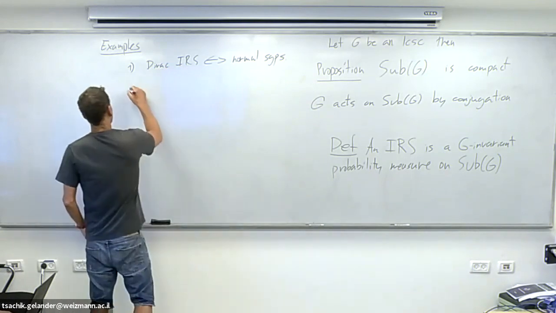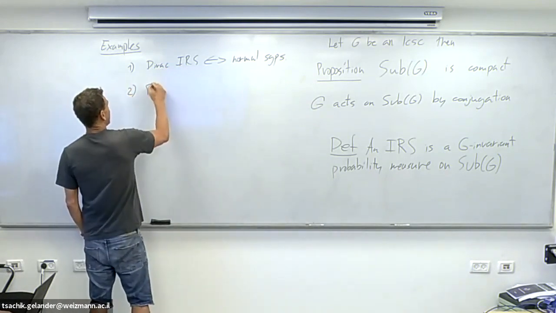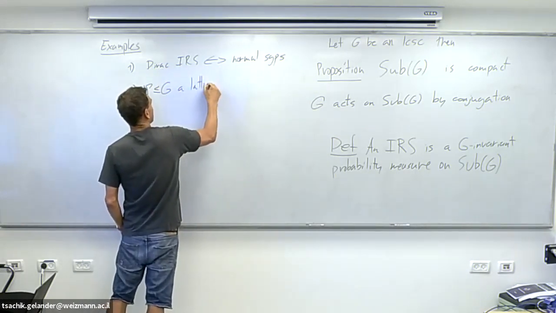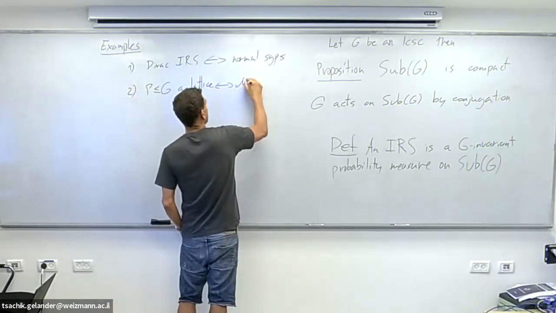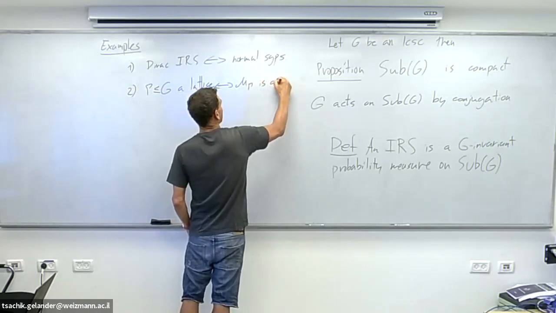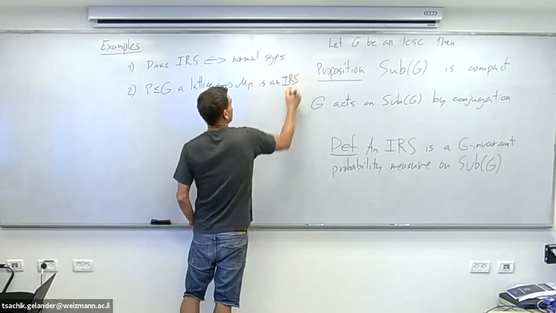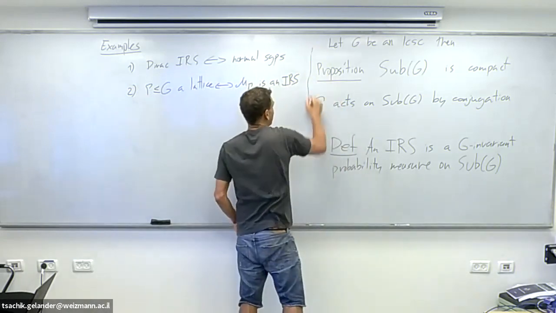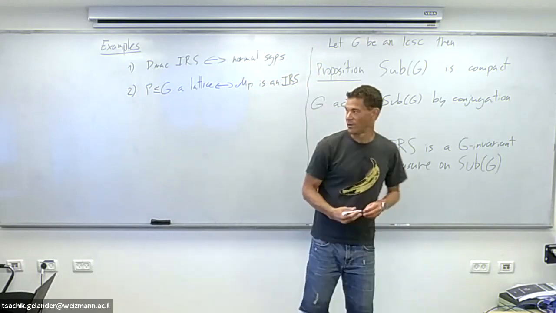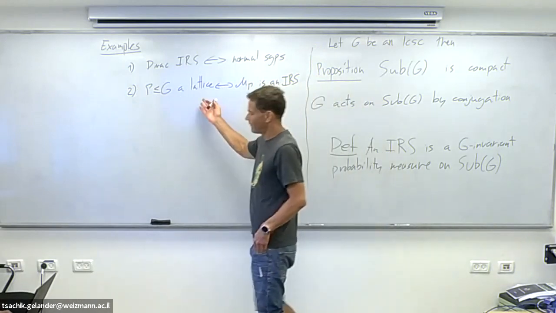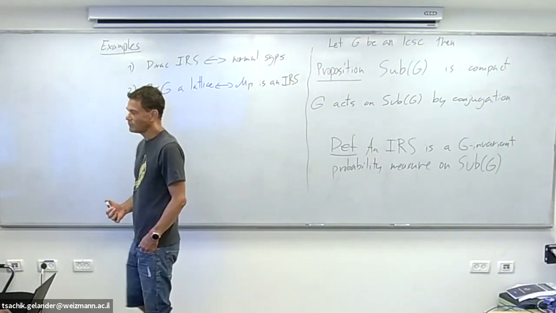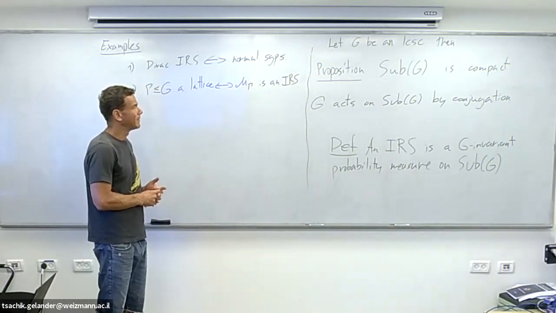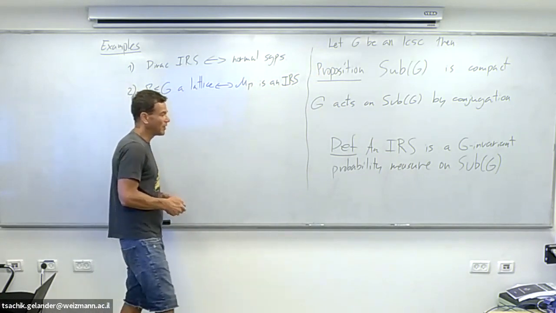So the second example is if gamma in G is a lattice, and mu gamma is the associated measure. Again, you see that IRSs on one hand generalize normal subgroups, on the other hand they generalize lattices.